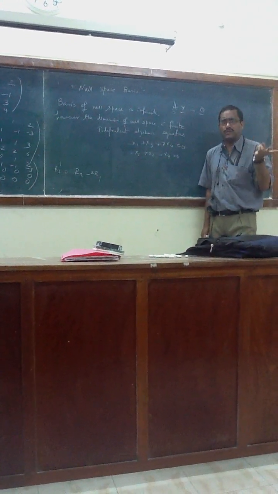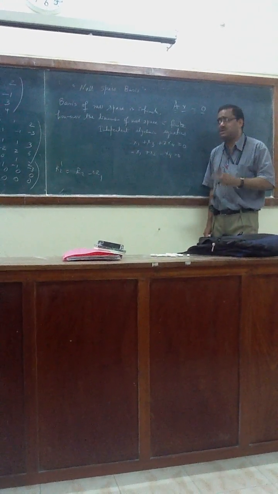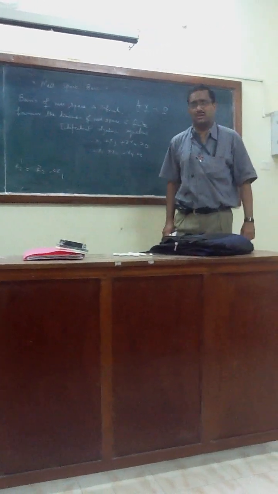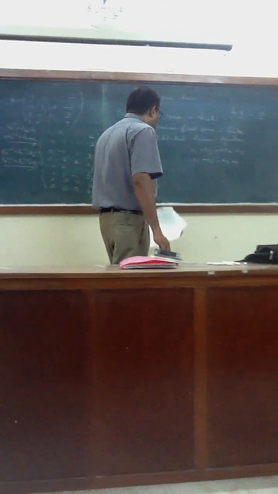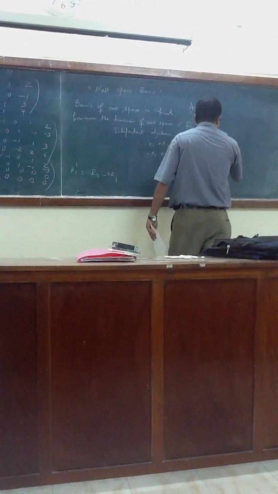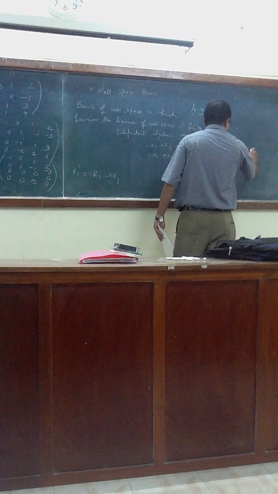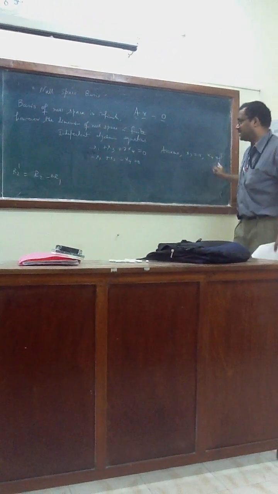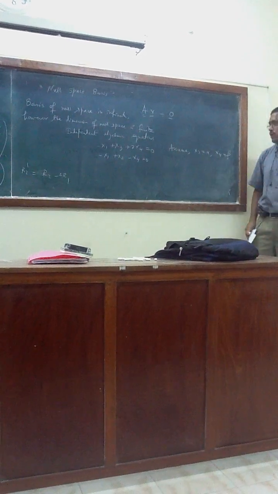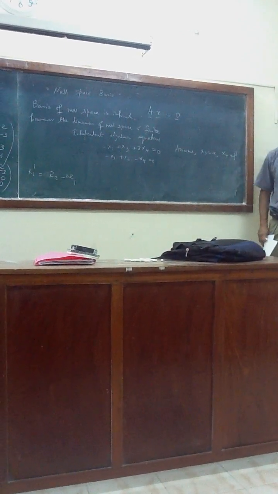Based on our degree of freedom, two variables we can fix by ourselves. Based on that, we can get the solution. Okay? So we can assume x3 equals alpha and x4 equals beta. If we assume that, then we can get the solution of x2 and x1 in terms of alpha and beta. Right?